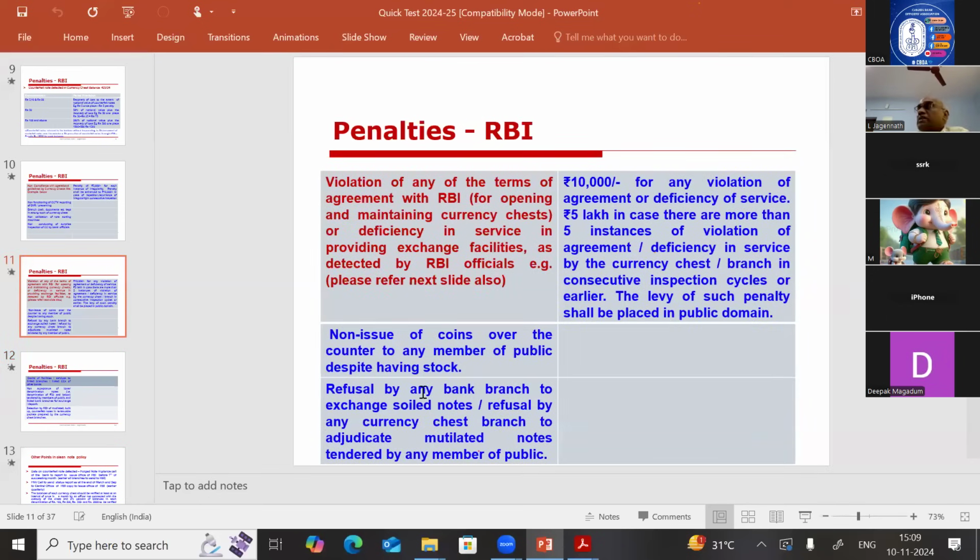In all these cases, the penalty is 10,000 rupees for any violation of agreement or deficiency of service. In the case of more than 5 instances of violation of agreement or deficiency in service by the currency chest branches in consecutive inspection cycles or earlier, the levy of such penalty shall be placed in the public domain.